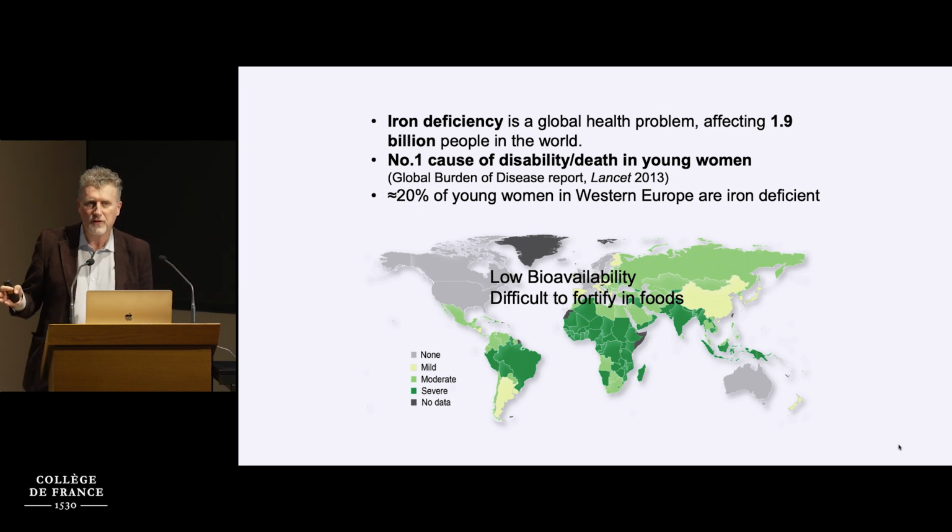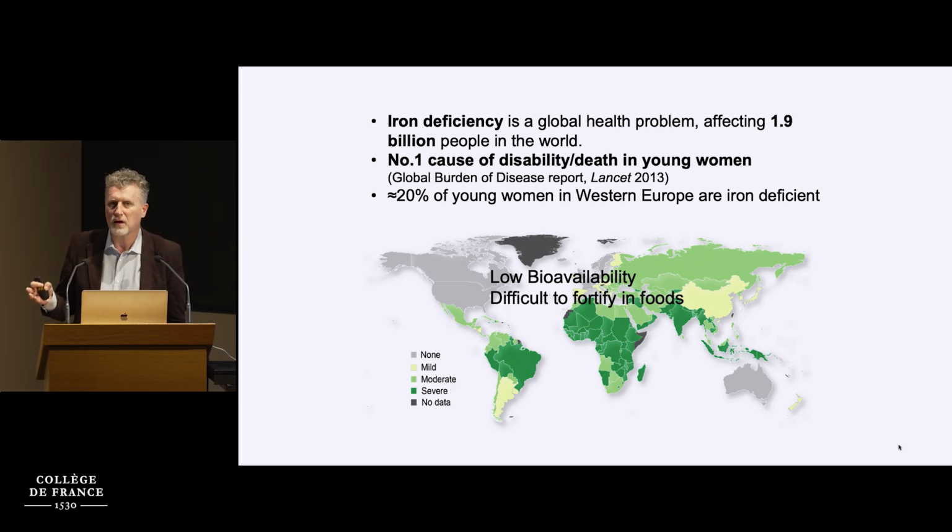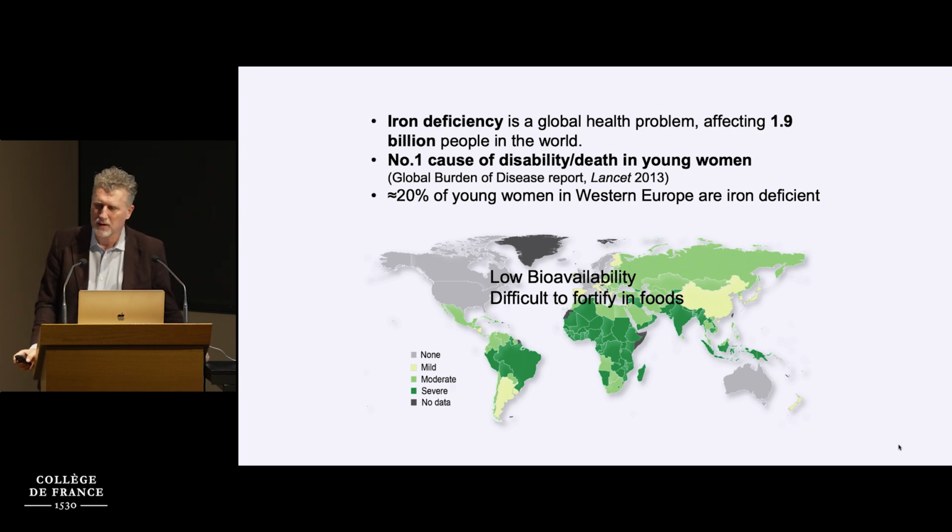But the interesting thing is that iron deficiency is really a huge problem. There are about 2 billion people worldwide which are either iron deficient or suffering from anemia. When I started to work on this problem in the beginning, I thought that iron deficiency was a problem for developing countries, and this is actually not the case. It's really a global problem.